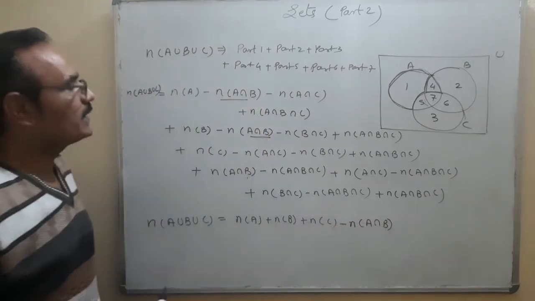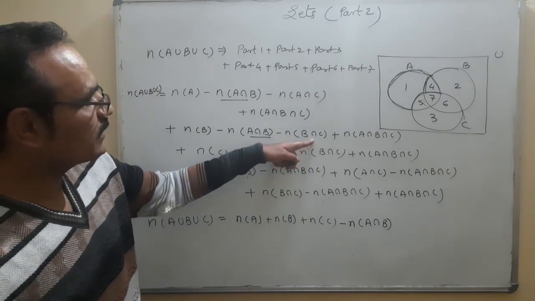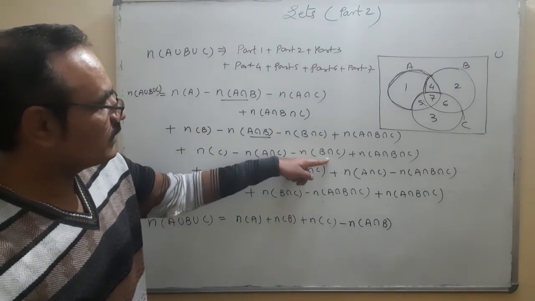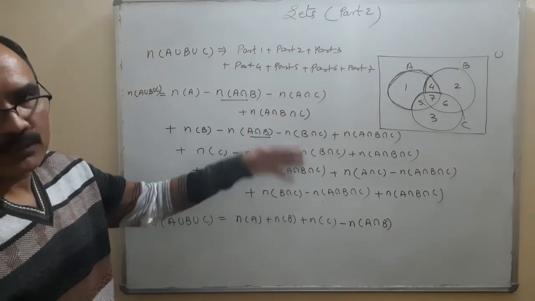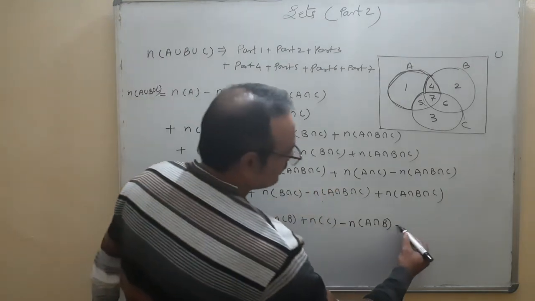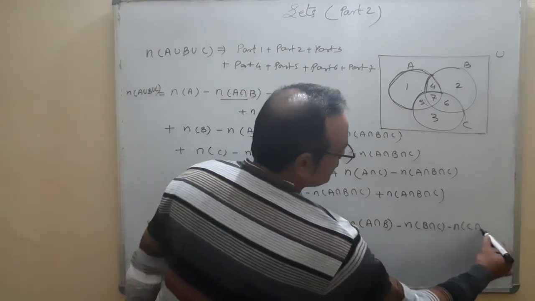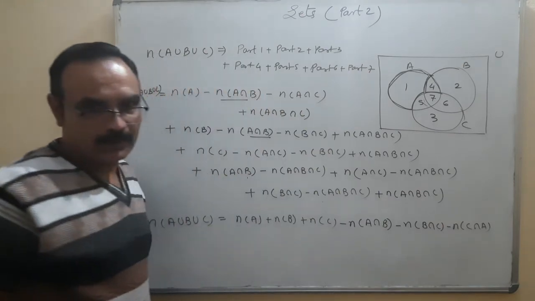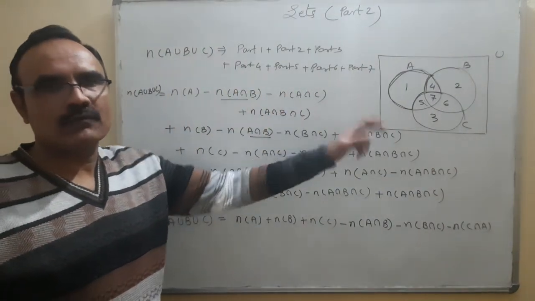The same procedure will be done with B ∩ C also, so 2 add, 1 subtract: minus n(B ∩ C) minus n(C ∩ A). Because the pattern is symmetric, there are 2 negative, 1 positive everywhere. You can check it.